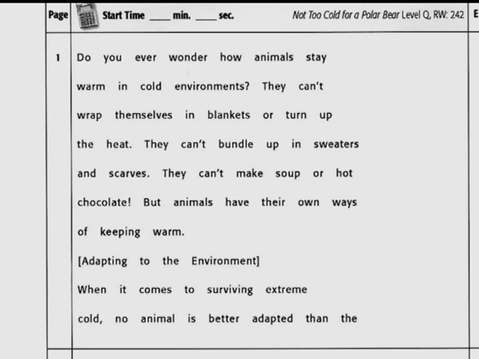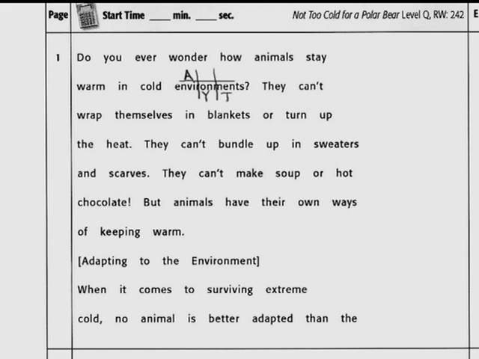Do you ever wonder how animals stay warm in cold? I don't know that word. You try it. Environments. They can't wrap themselves in blankets or turn up the heat. They can't bundle up in sweaters and scarves. They can't make soup or hot chocolate, but animals have their own ways of keeping warm, adapting to the environment.